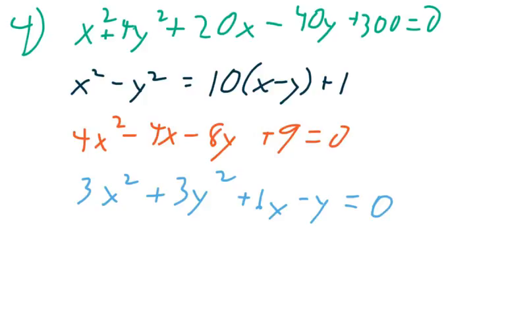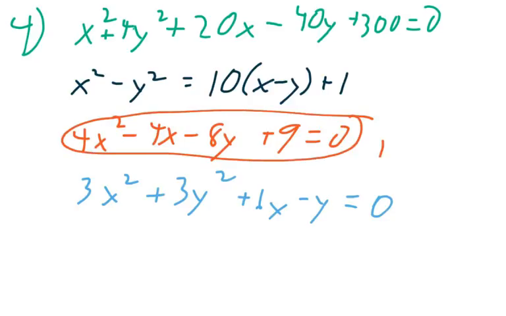Alright. So in this particular problem, they want us to go through each one and decide which of the conic sections it is. Starting with the one that I think is the easiest, this one is going to be the parabola because it only has 1 squared term.